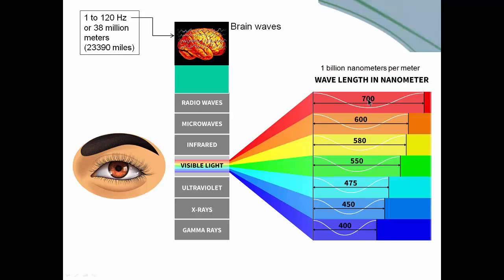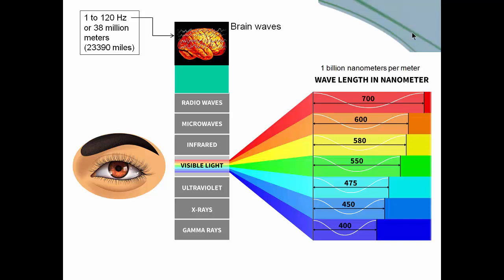Now let me point out that our brain waves, going from this range of 1 to 120 hertz, end up being about 38 million meters, which is about 23,390 miles. I think I calculated that based on a 10 hertz alpha wave, and alpha waves are between 8 and 12 hertz.